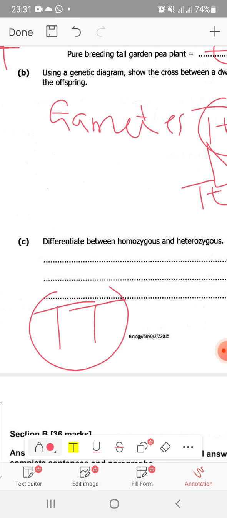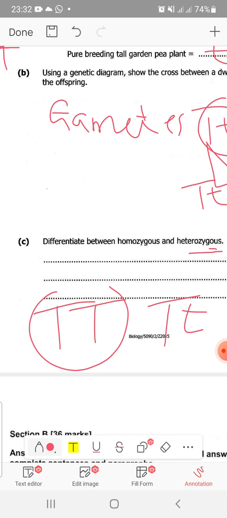A heterozygous state is where organisms have different types of allele controlling the particular trait. So where we have a capital T and a small t, that is what is called heterozygous, where they have different genes: one a capital letter, the other a small letter.